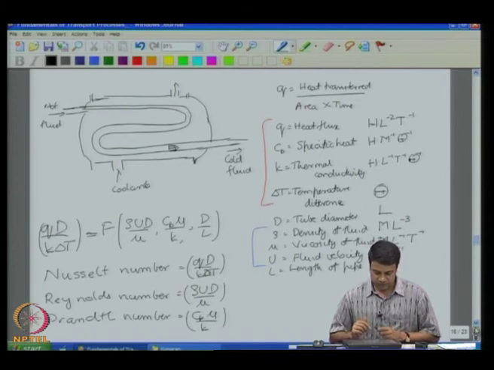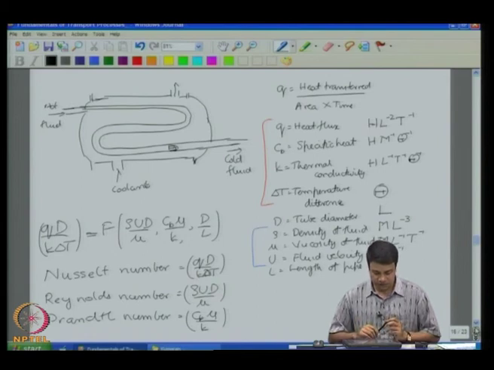And we made one simplification. We said that since the thermal energy and mechanical energy cannot be interchanged, we can consider the thermal energy as one fundamental dimensional group. That has increased the number of dimensional groups that we have and reduced the number of dimensionless groups down to 4.